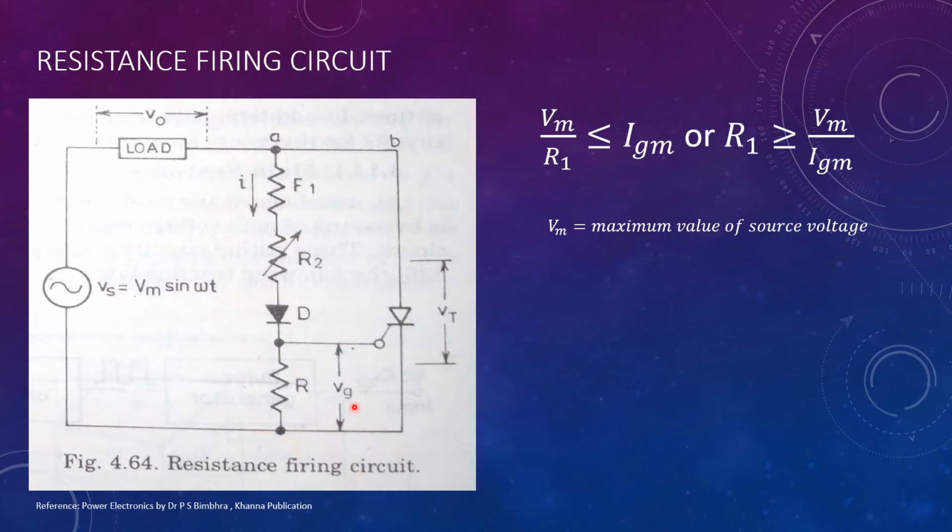Resistance R should be selected such that the maximum voltage drop across it does not exceed the maximum gate voltage. This can happen only when R2 is 0.